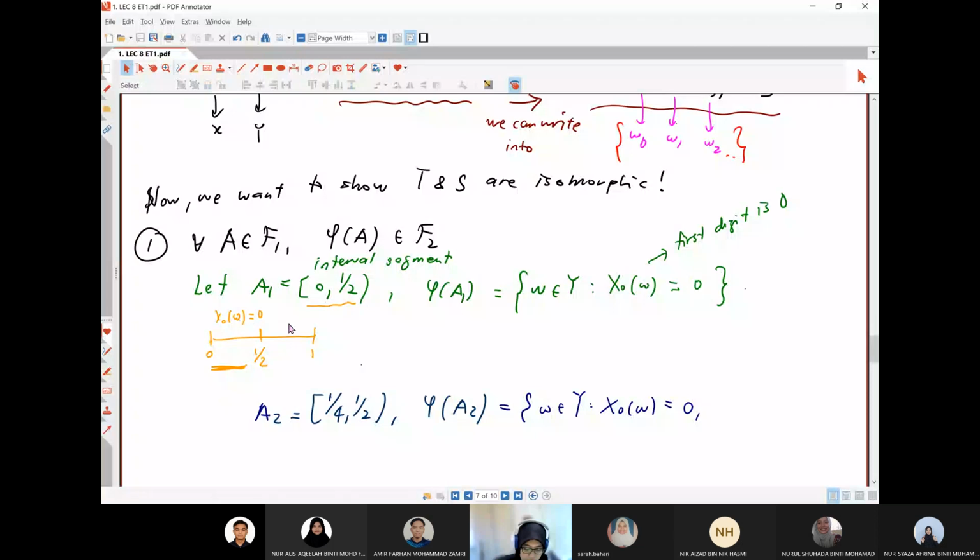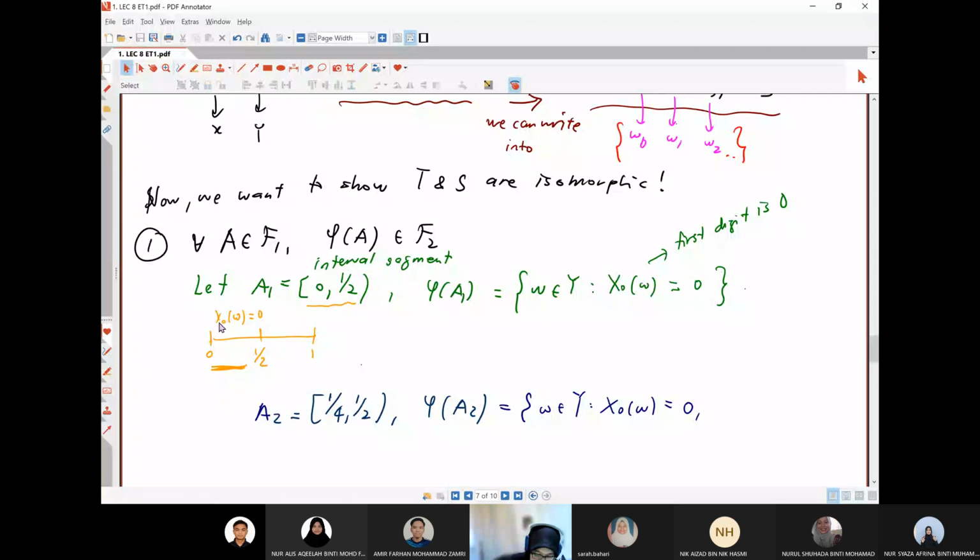Sorry, ni saya salah explanation. For the case of 0 and 1/2, A1, the first digit is always 0 here.